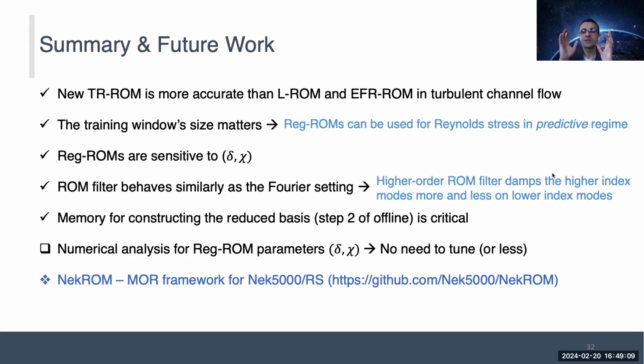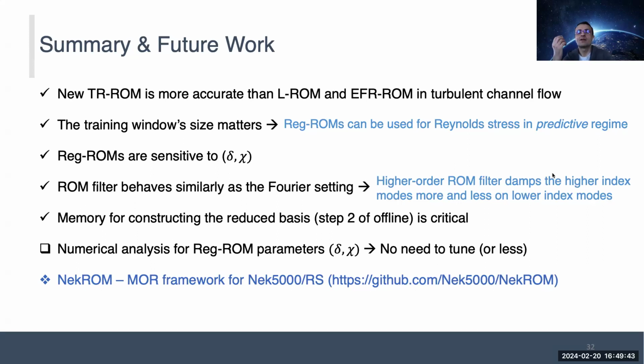I know this sounds like a lot, but we look at the spectral element parameters, and the ROM parameters as well: spatial and time discretization and ROM parameters. Then we look at the asymptotic error bounds that we're proving, and we try to balance the different parts of the right-hand side, so that maybe this can give us scalings for exactly those parameters that are quite sensitive, like delta and chi.